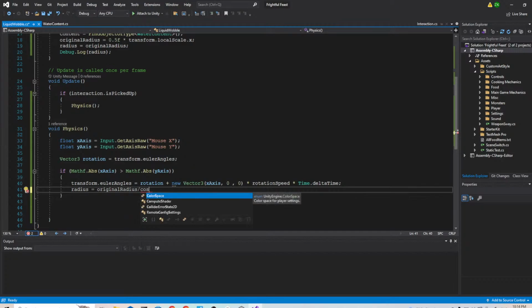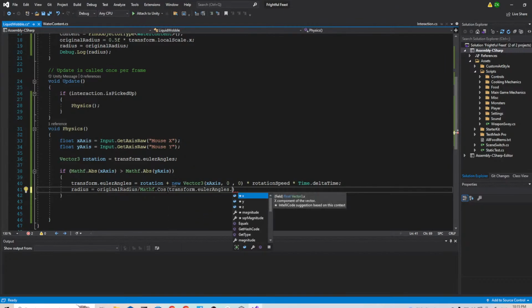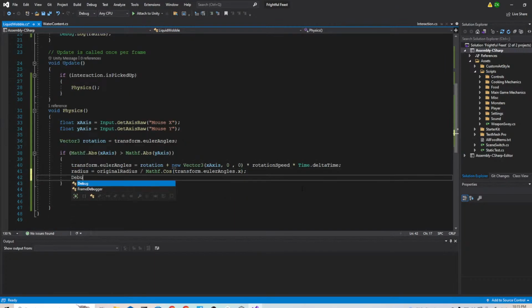How do you do Mathf.Cos? Yeah, cos of transform.eulerAngles.x, I believe. And that will give us the radius, and we'll debug all of that.